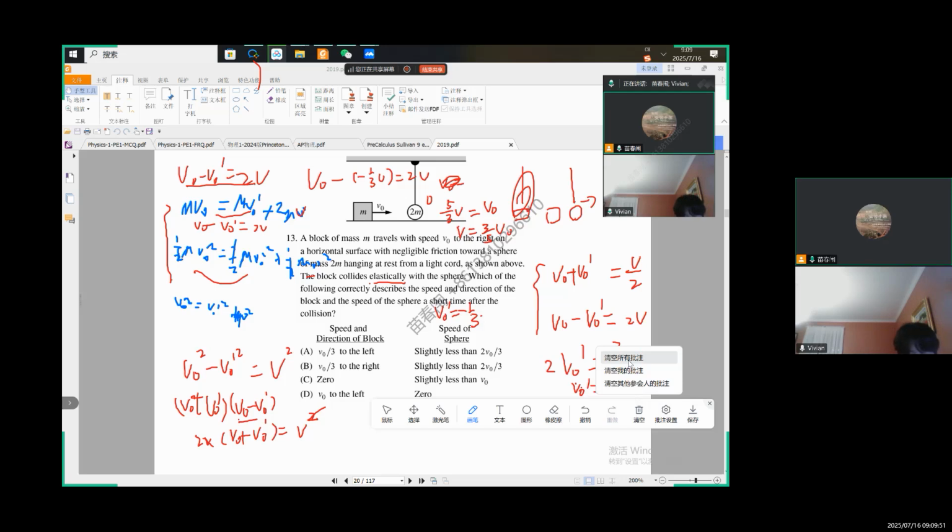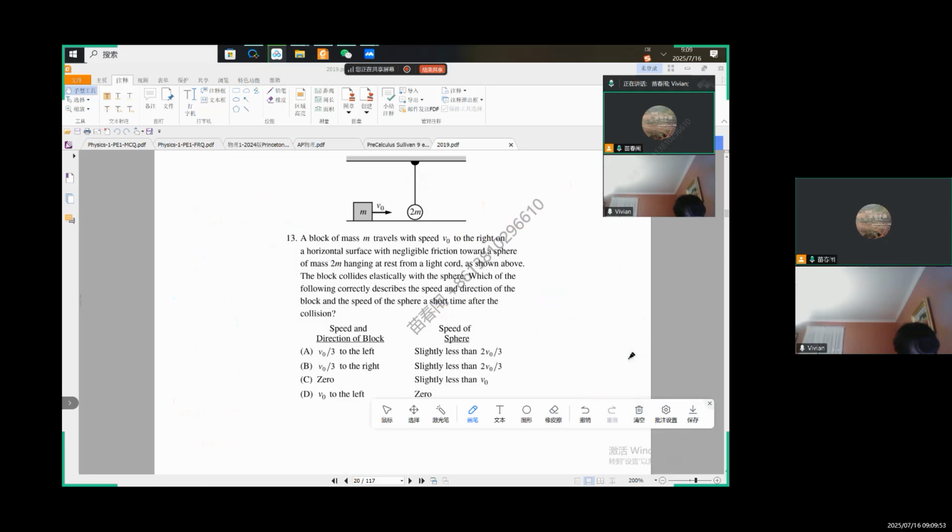Use the difference of squares for the second equation, and then find the system of equations. But this one has another way to do it. I can just check out A, B, C, D. There are so many variables. I can just check whether they are somehow conserved or not.